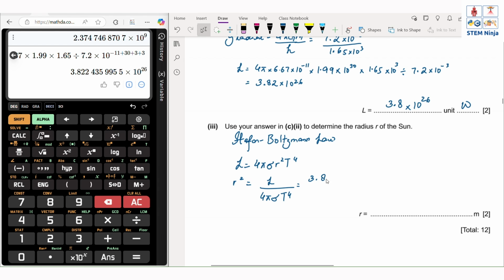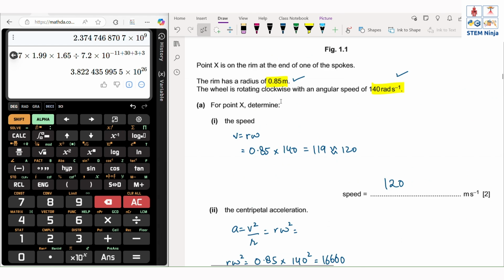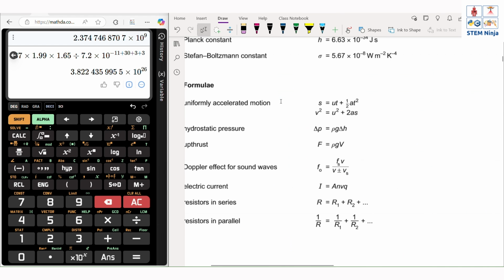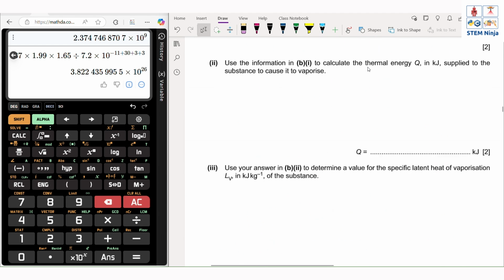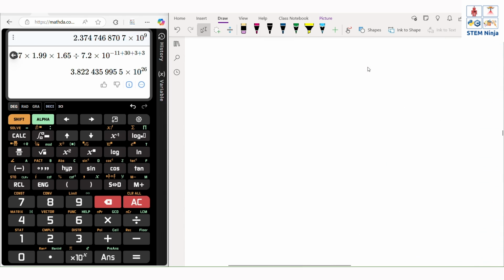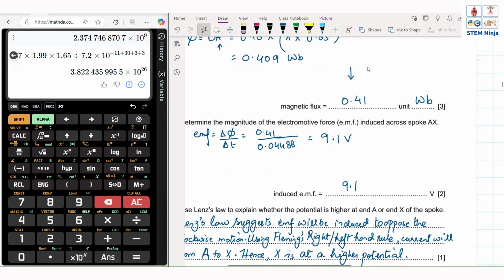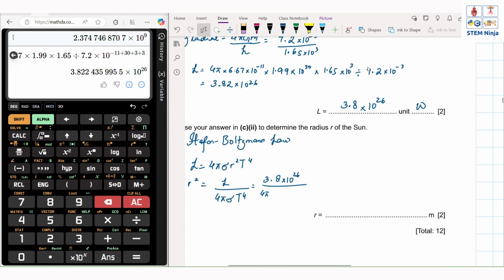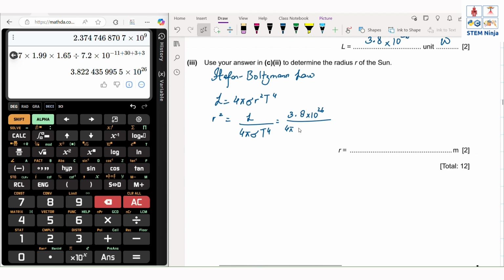Luminosity 3.8 times 10 raised to power 26 divided by 4 pi. Stefan-Boltzmann constant, we will quickly check from the booklet: 5.67 times 10 raised to power minus 8.